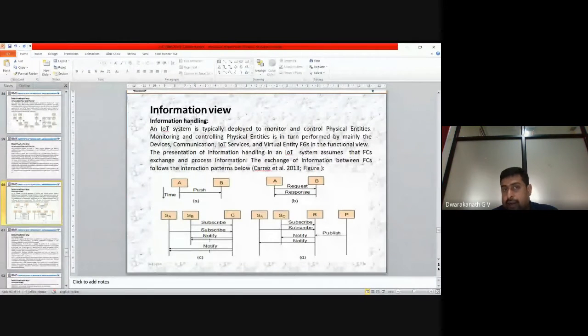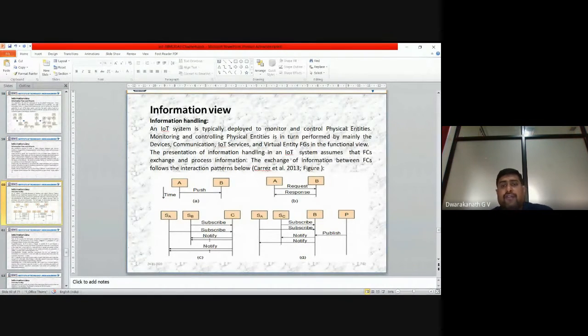Now, information handling, how you can handle the information. An IoT system is typically deployed to monitor and control the physical entities. This we know already. To follow up the physical entities where human interaction will not be there, we need entities.